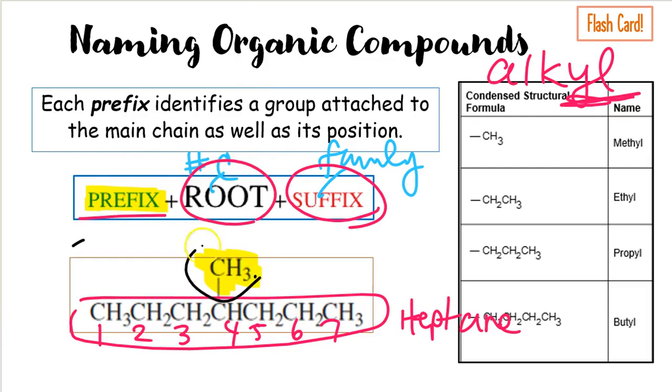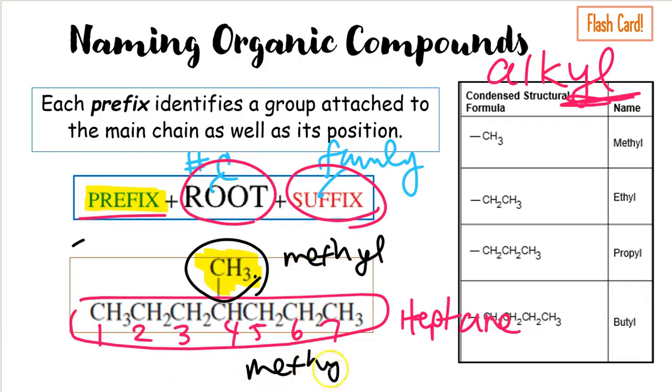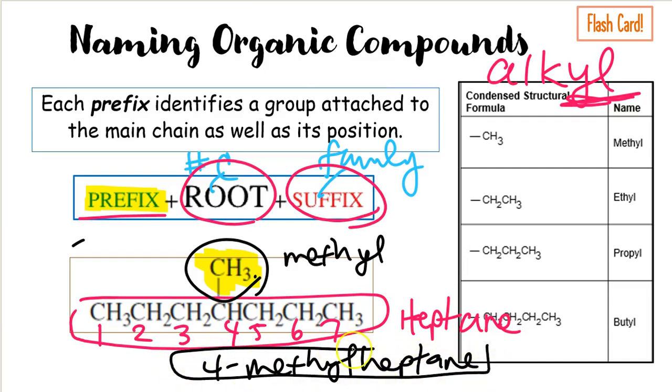So this is going to be a substituent. It's only made of 1 carbon, so that's going to be meth. And it's going to end in the -yl ending. Okay, so now I have to make sure that I have that methyl written down, and I also have to have a location for that methyl group. And I simply bring down the full name. So the name of the molecule we've just been seeing is going to be 4-methylheptane. Let's get some more practice.